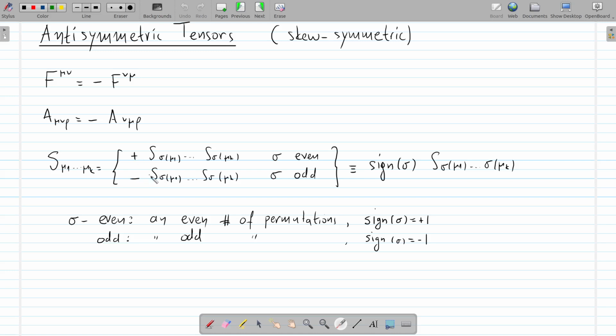So this plus and minus is usually denoted by the sign of the permutation sigma. So here, when this relation holds, this component here, that is obtained by permutation sigma of the indices here, gives us the sign of sigma, then the tensor S is antisymmetric under the exchange of the indices mu1 through mu k.